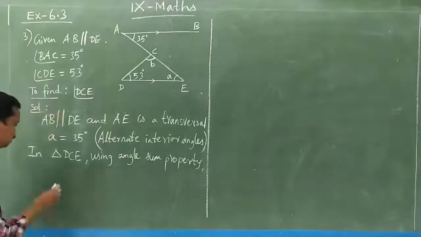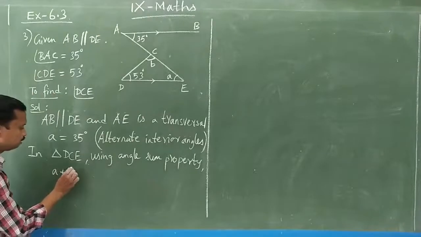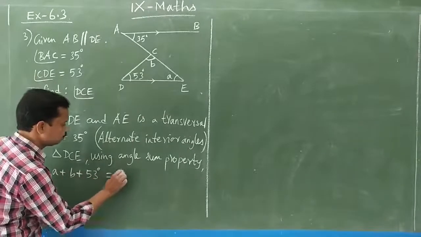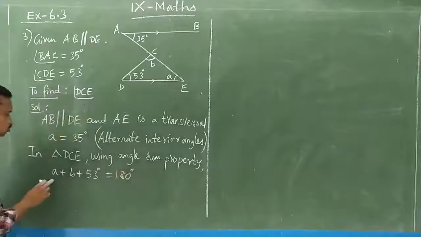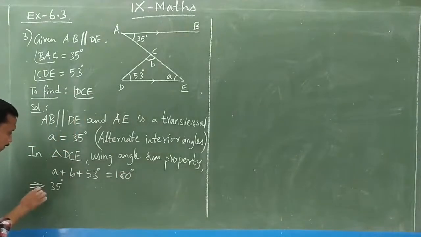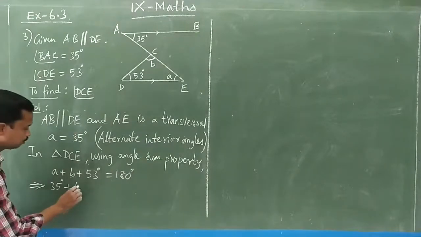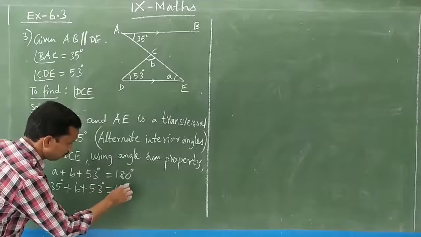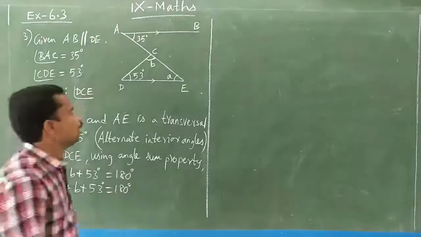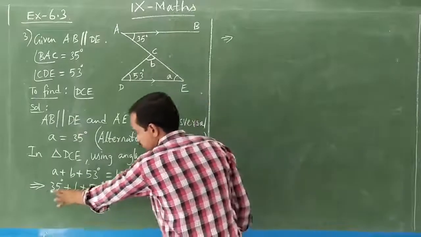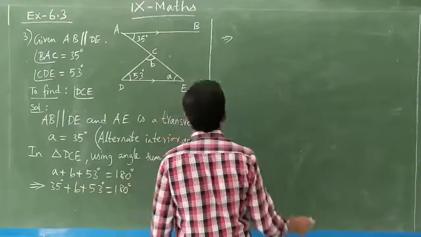So you can easily tell angle A plus angle B plus 53 degree is equal to 180 degree. So what is A? 35 plus B plus 53 is equal to 180 degree. And now we can have 35 plus 53 means 88.